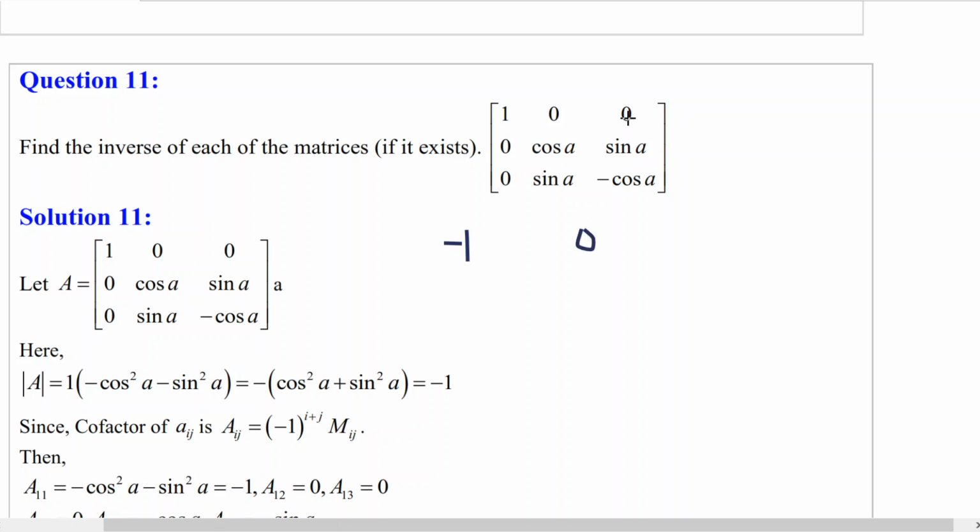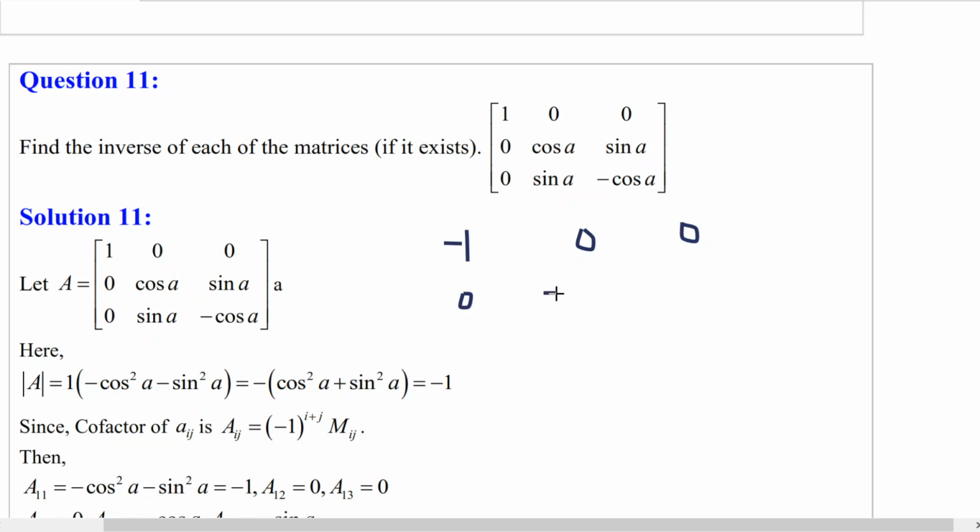Hiding this 0 by column and row. Now 0 into sine alpha is 0, minus cos alpha into 0 is 0. So 0 minus 0 is 0. Right? Now M21, hiding this 0 by column and row and check again, 0 0 sine alpha minus cos alpha, this will be 0. Hiding this cos alpha by row and column, I'll have 1 0 0 minus cos alpha, and on solving I'll get minus cos alpha minus 0.